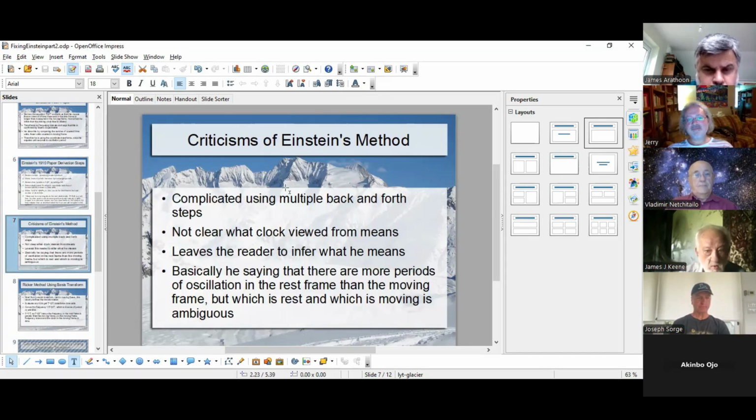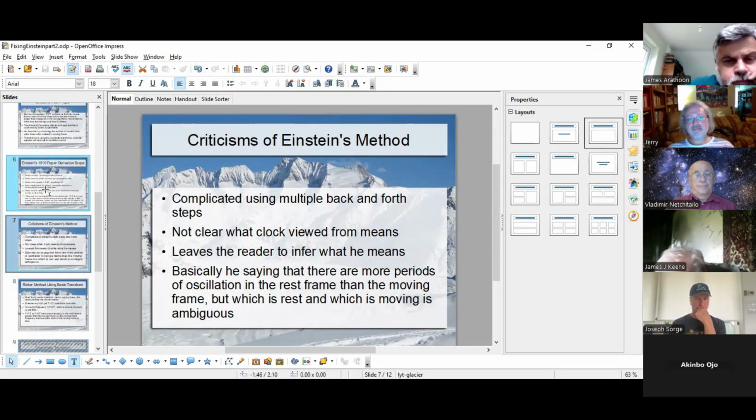Now I'm going to talk a little bit about reading this. What's confusing about it? Well, I said last time I talked here that Einstein does things backwards. What do I mean by backwards? This is an example.